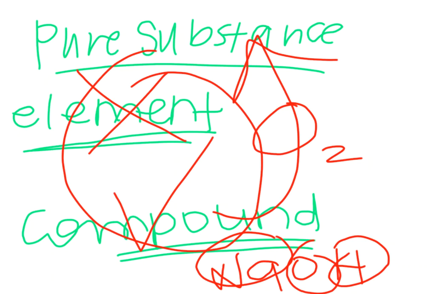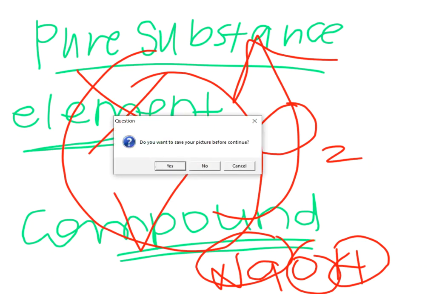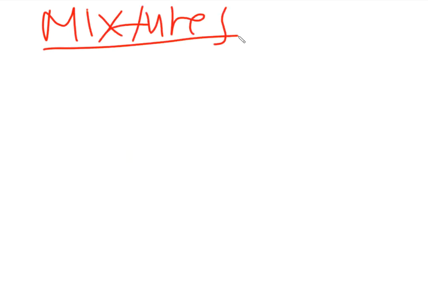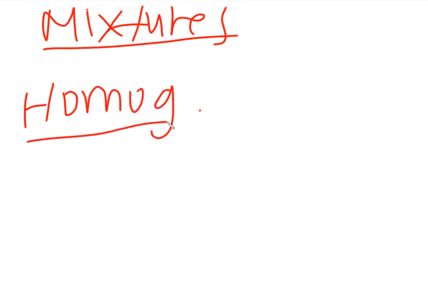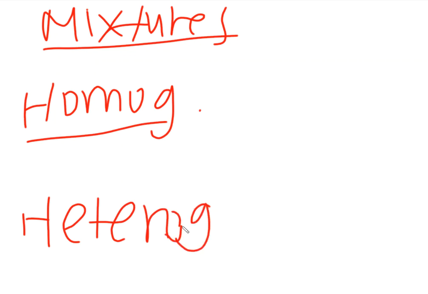Let's go over mixtures. There are two kinds of mixtures. There's homogeneous and there's heterogeneous. Homogeneous mixtures are just the same.